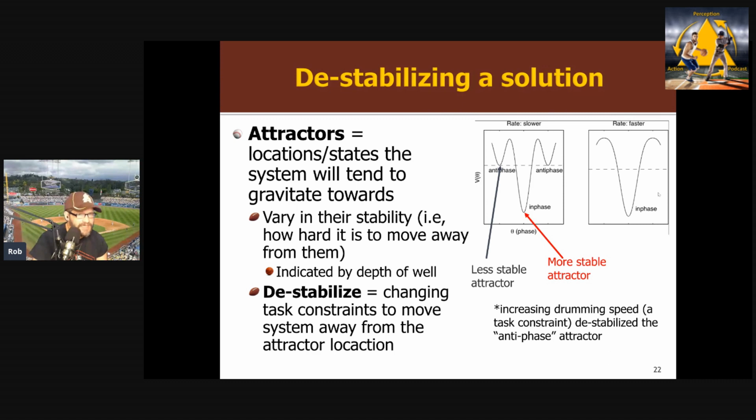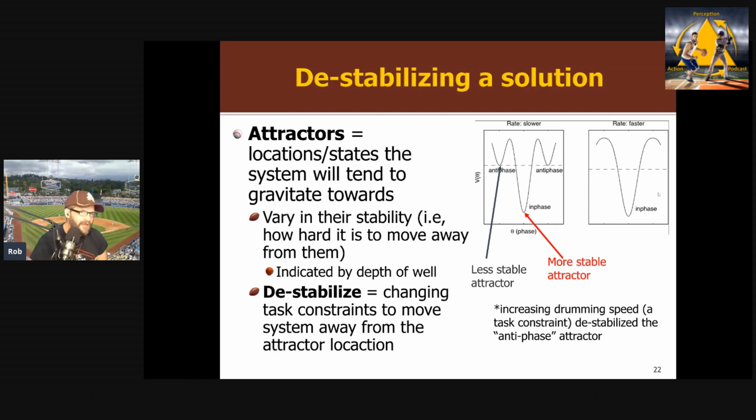These are certain locations because these are where the attractors are. And attractors, to connect it all together, are created by constraints. Usually an attractor is created by your individual constraints. But the important point here is that attractors vary in their stability, right? Stability means, to me, once you get there, how easy is it to push you away from it?